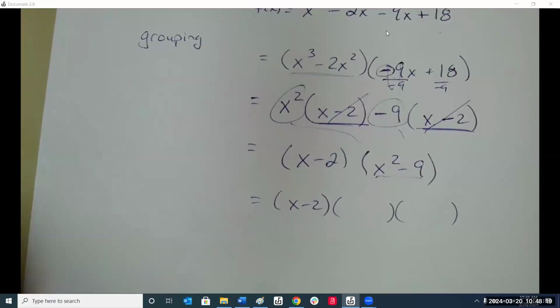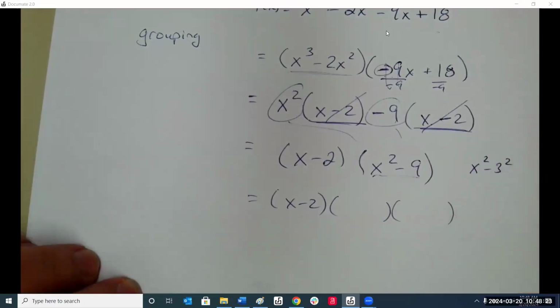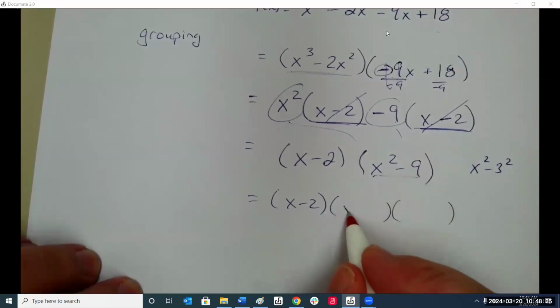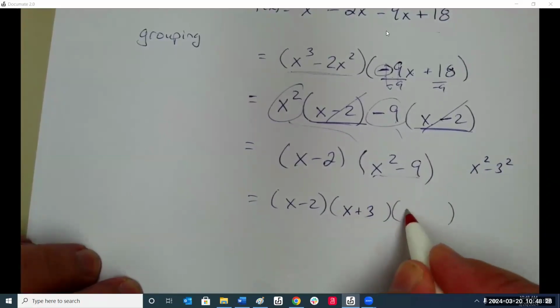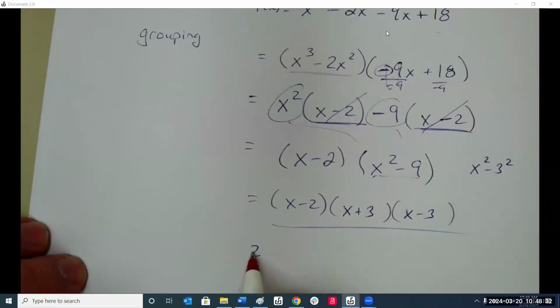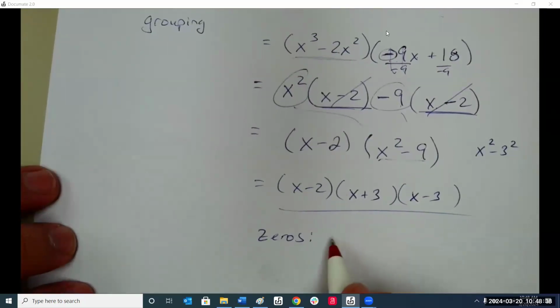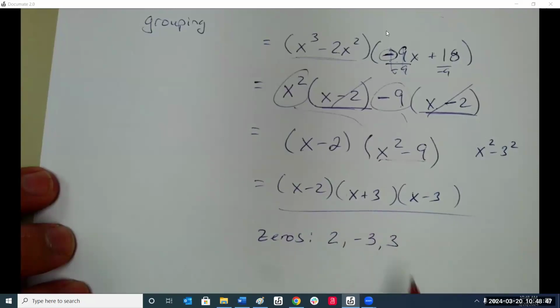It's called the difference of 2 squares. So we have x squared minus 3 squared. So that makes it x plus 3, x minus 3. And there's your factors. So what are my zeros? 2, -3, and 3.